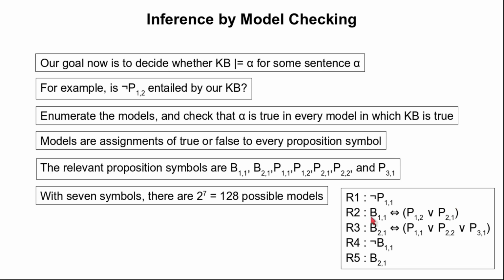The knowledge base is listed here, and as you can see we have 7 different proposition symbols in this knowledge base. Since we have 7 proposition symbols, the total number of models will be 2 to the power 7, which is 128. So we can create 128 different models.